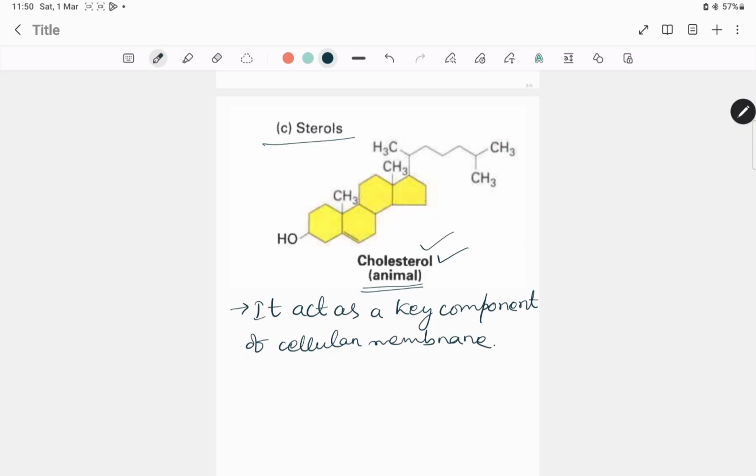This cholesterol has a four-ringed hydrocarbon. Here the four-ringed hydrocarbon is shown in yellow color. This four-ringed hydrocarbon is called steroid.